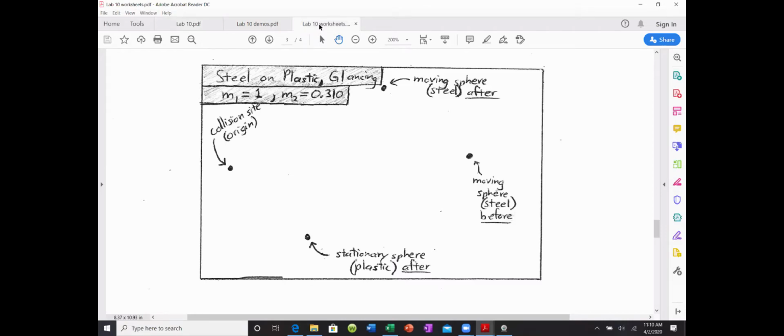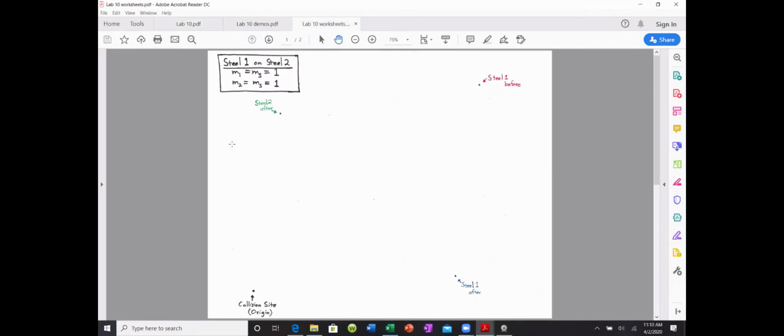Lab 10 worksheets, the expectation is that you could print out the Lab 10 worksheets, and there's 2 pages here, and then you could, with a ruler, with a protractor, with a straight edge, draw all the velocity vectors that are needed and all the momentum vectors that are needed. And to give you an idea what that might look like at the end, we'll look at a demo sheet. But first of all, what do we got here?